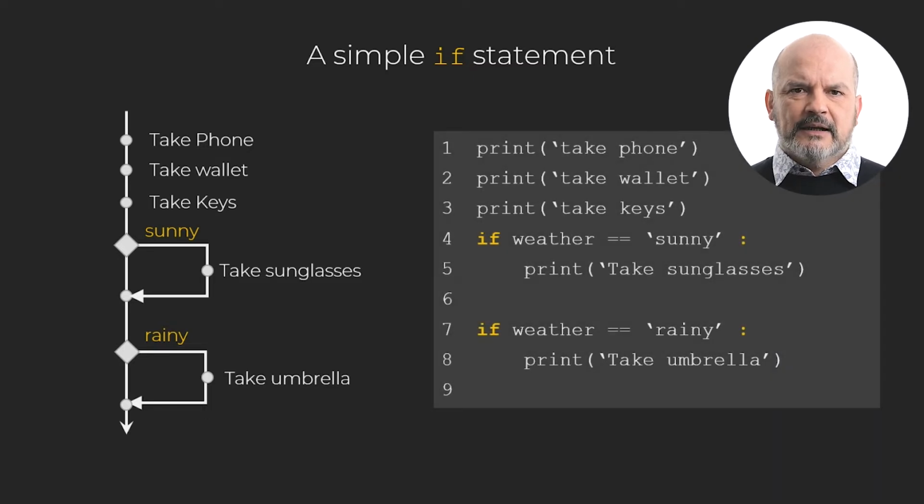For clarity, we do not show the code to input a value for the variable weather. The condition in the if structure evaluates if the variable weather is equal to the string sunny. If that's the case, then print take sunglasses, otherwise skip the statement and move to the next instruction. If weather is equal to rainy, print take umbrella, otherwise ignore that statement and move to the next one.